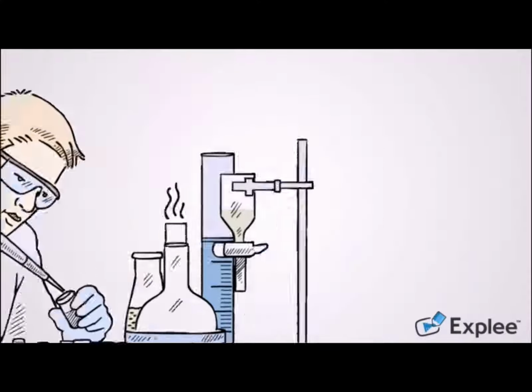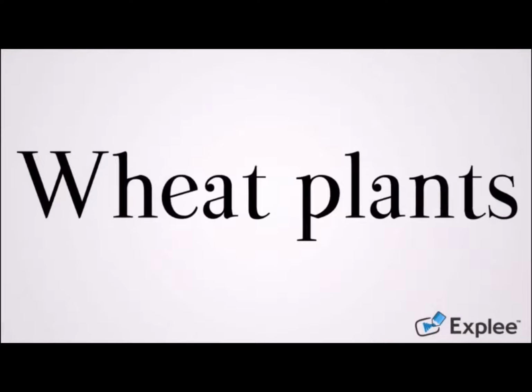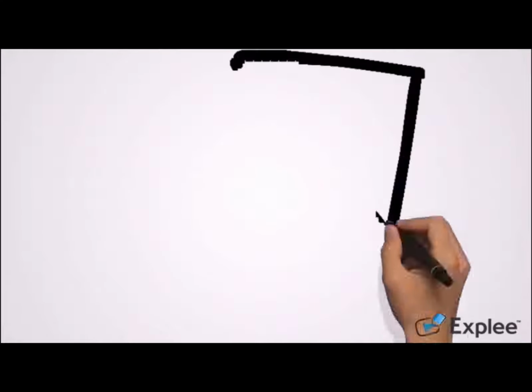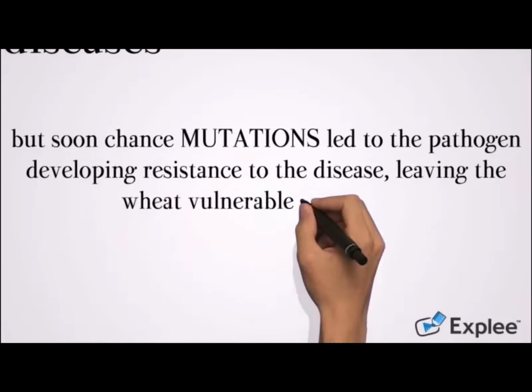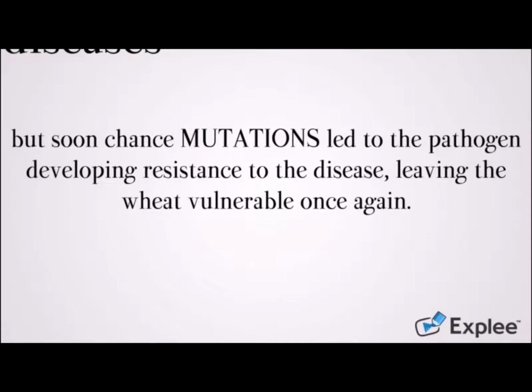And so, scientists have deliberately crossed wheat plants known to be disease-resistant with others that were known to be high-yielding. Initially, they targeted resistance to particular diseases, but soon chance mutations led to the pathogen developing resistance to the disease, leaving the wheat vulnerable once again.